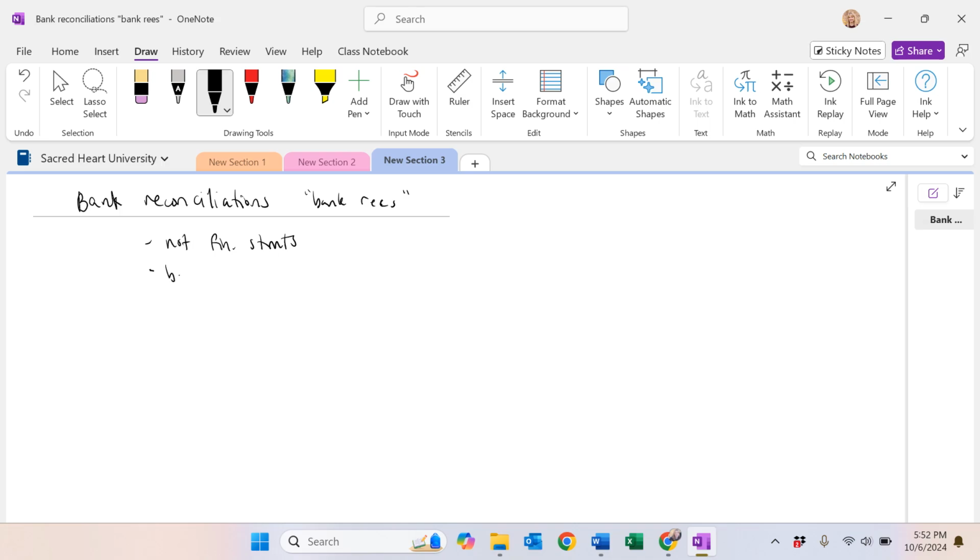They compare the bank statement balance to the cash account balance on a company's trial balance, or the cash account on the books. And because it's the cash account on the books, we refer to the cash balance as the book balance when we're doing bank recs.